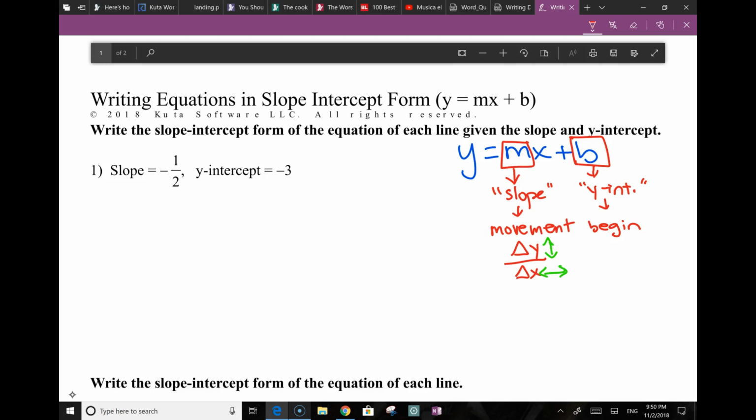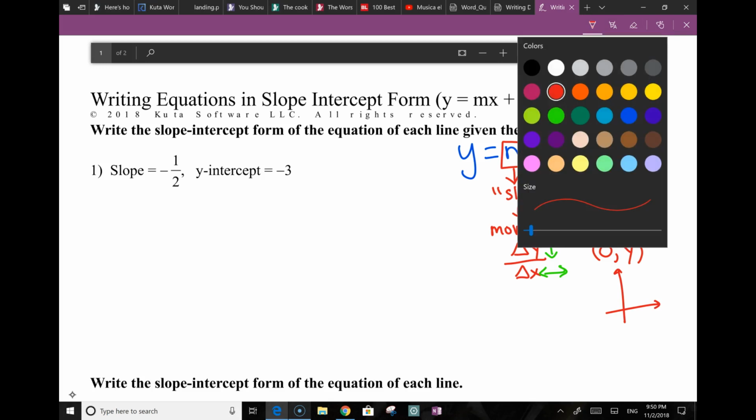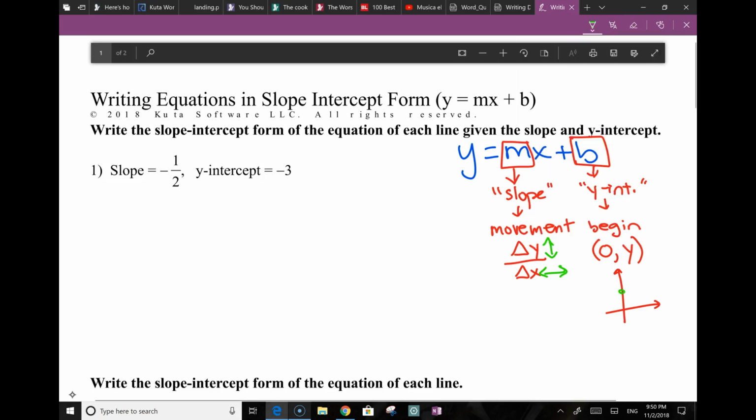Now the location of the y-intercept will always be given by 0, comma, and some kind of y value. The reason that the first value is 0 is because in order to be a y-intercept, you have to actually be on the y-axis. And so if I were to put any point on the y-axis, like for example this one right here, this would be 0, comma, y.